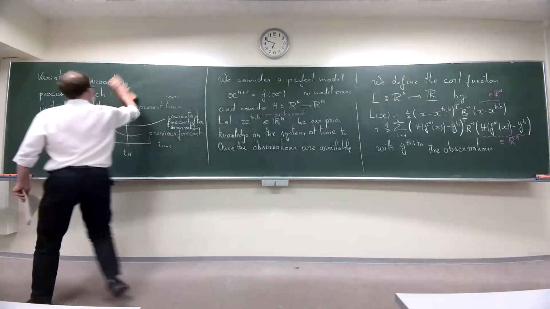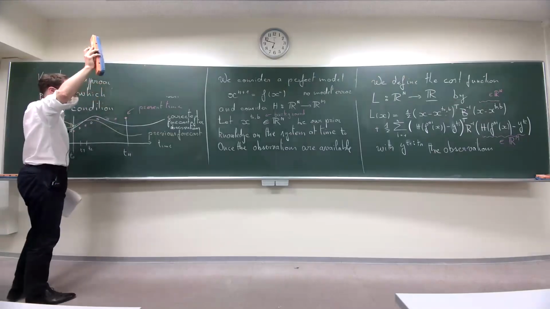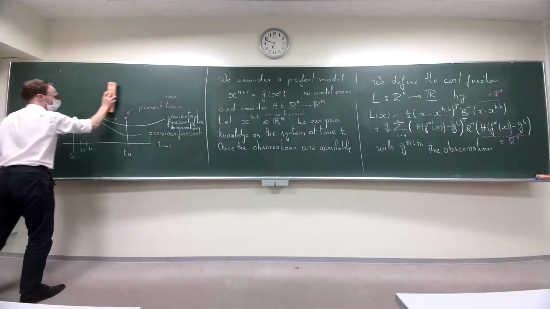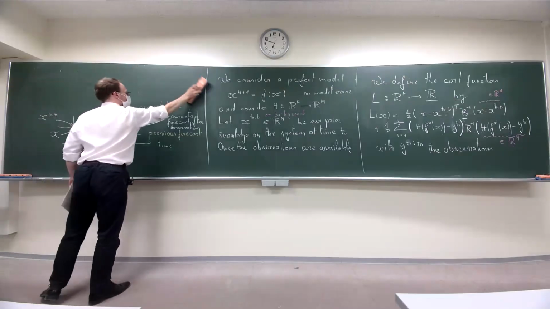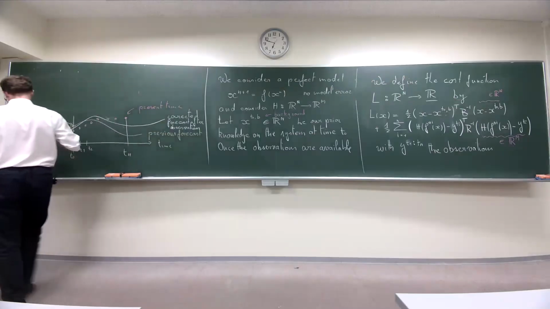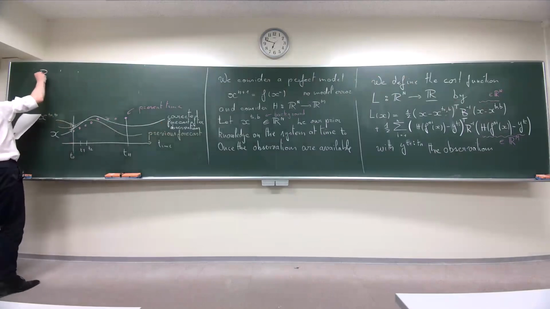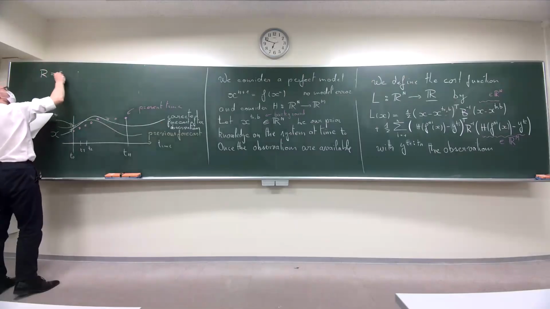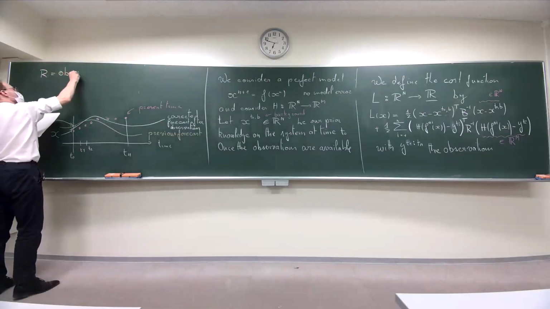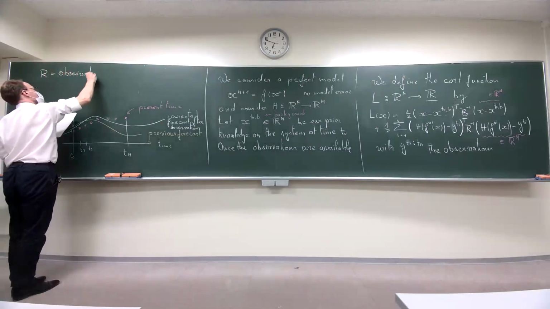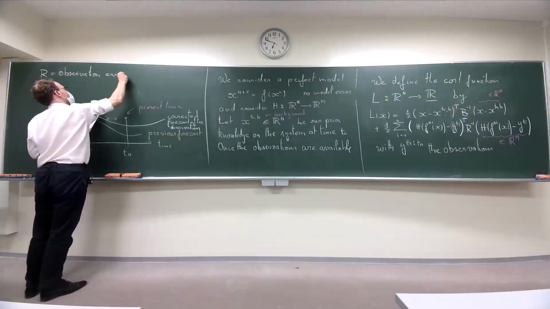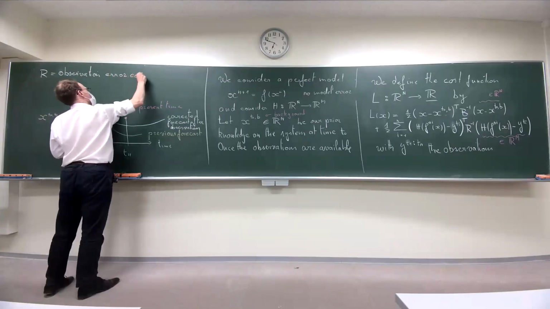Now, let me keep this picture for a second. R has a name, and I already used this name: the observation error covariance matrix.